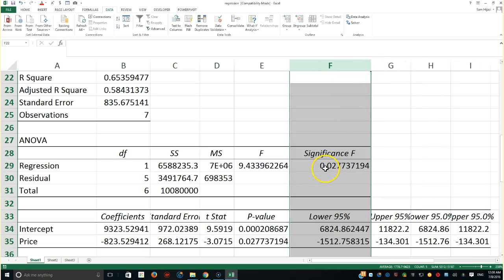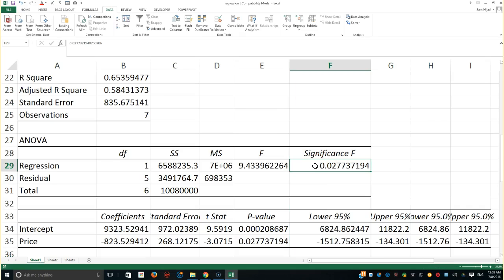And now we're going to look at the significance of F. In the significance of F, we need to see if it's reliable statistically, and that is determined by the significance F, which is this value right here.